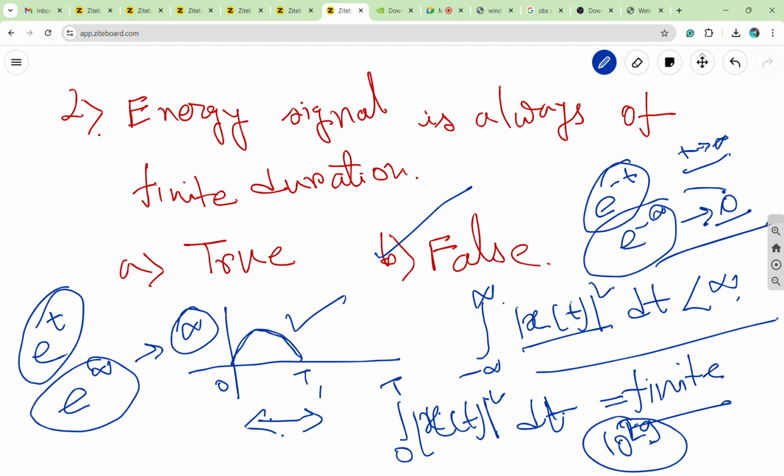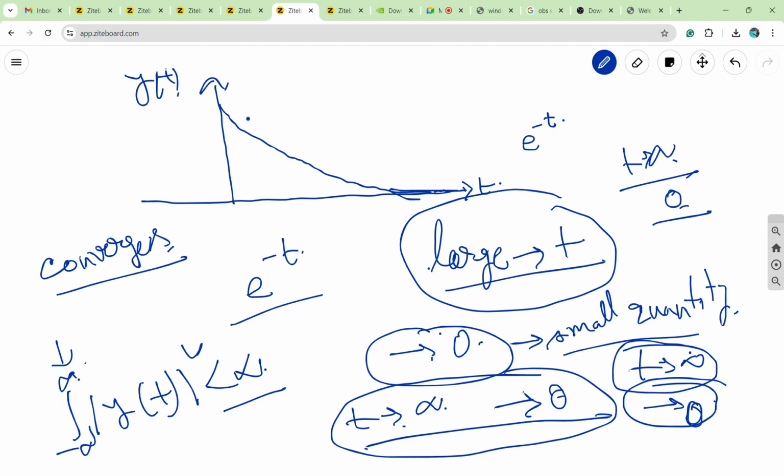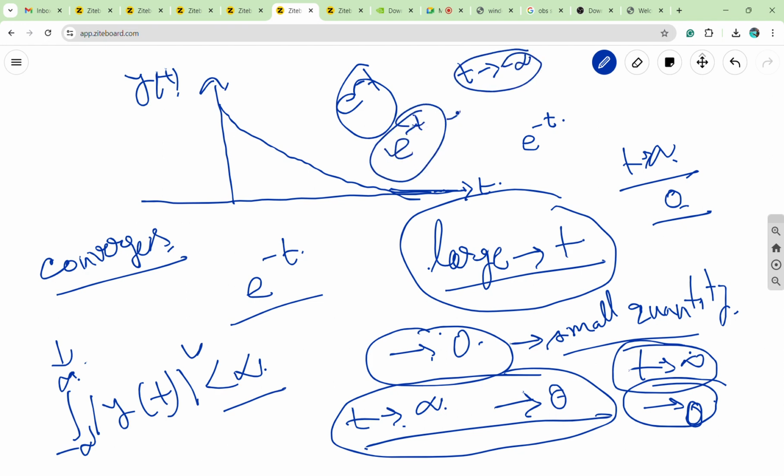Also, one more thing I missed while discussing this. e to the power minus t is also not converging everywhere, because at t equal to minus infinity, e to the power minus t is infinite, right? So the signal goes like this, coming from minus infinity. So we have to add another condition: e to the power minus t from t equal to 0 to t tending to infinity.